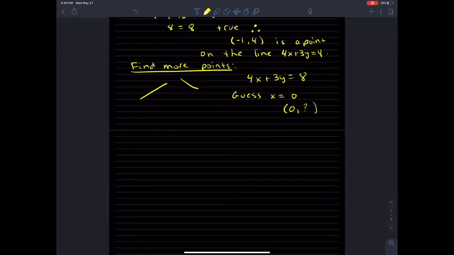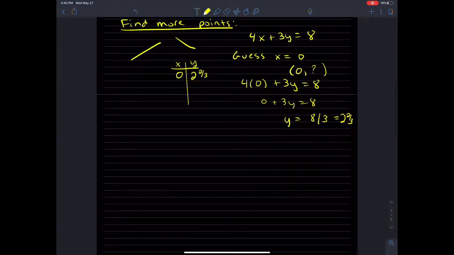We would plug in 4 times 0 plus 3y equals 8 to find the y value, and you can create a table to find a whole bunch of points. So here we guessed x is 0, and this becomes 0 plus 3y equals 8, so y equals 8/3, or 2 2/3. So we know where to graph it.